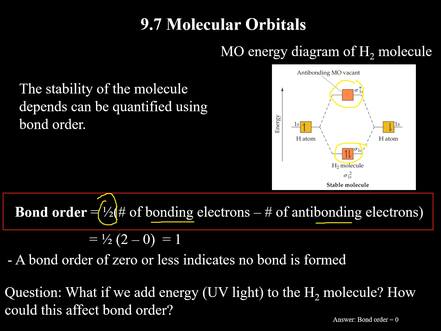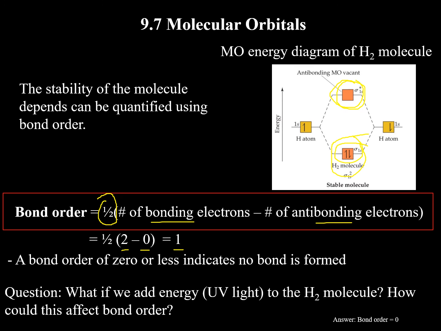They will fit in the bonding MO down here. So the equation will be 2 minus 0, because there are no electrons in the antibonding. 2 minus 0 divided by 2 is 1. So the bond order for H2 is 1.